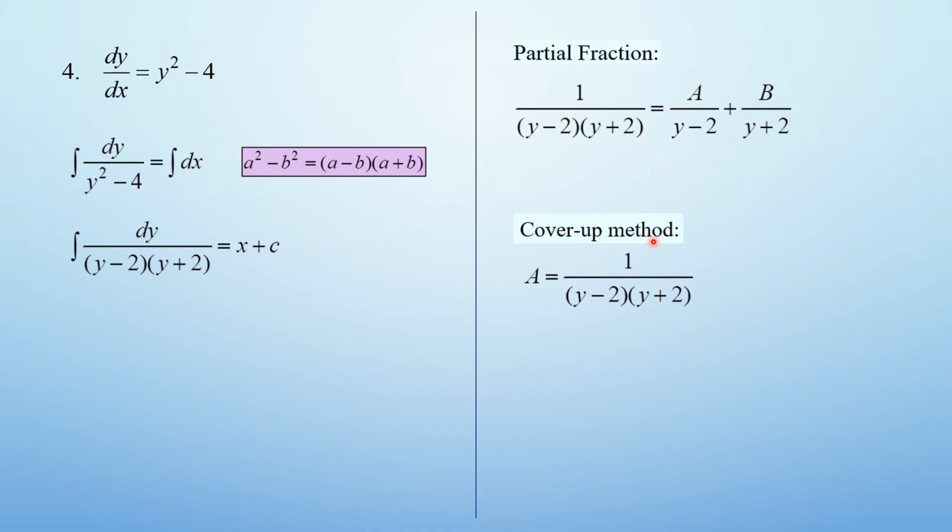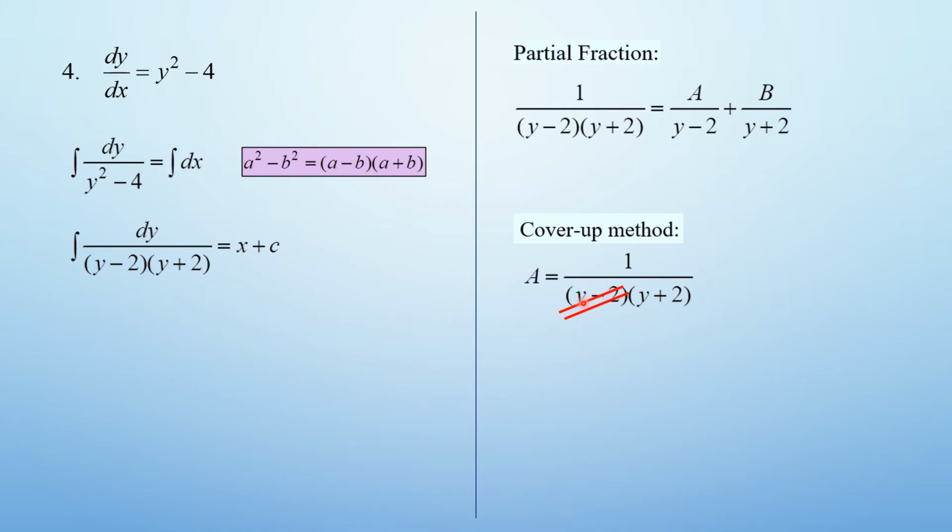To find a, since a is above y minus 2, we write a is equal to, now copy the expression on the left, which is 1 over y minus 2 times y plus 2. Okay, so to find a, since a is above y minus 2, let us cover y minus 2. Covering y minus 2 means that we want this to be 0.